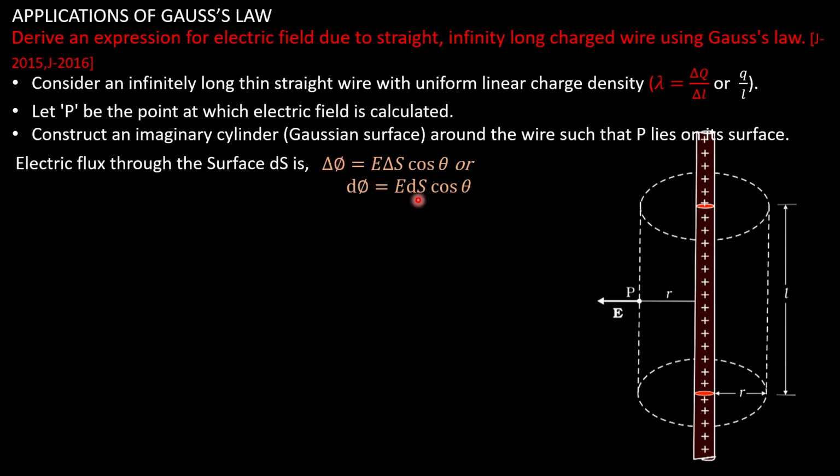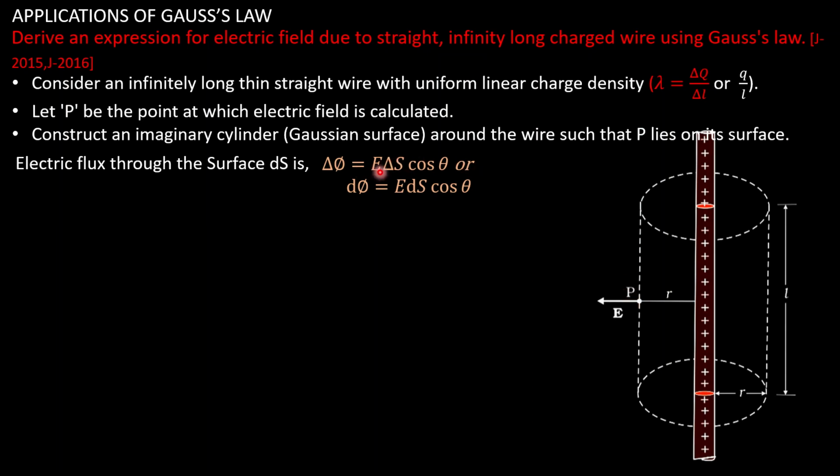This delta flux, or delta phi, describes how many electric field lines are coming out from the surface. It is a small number of electric field lines moving through a small surface.